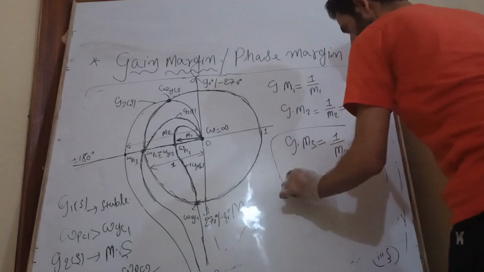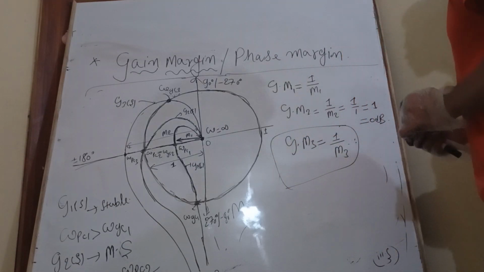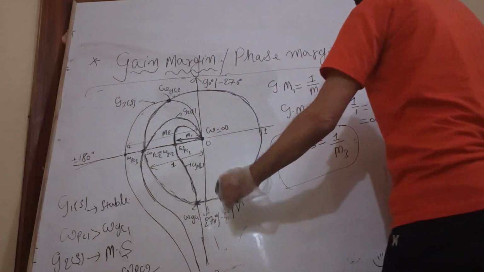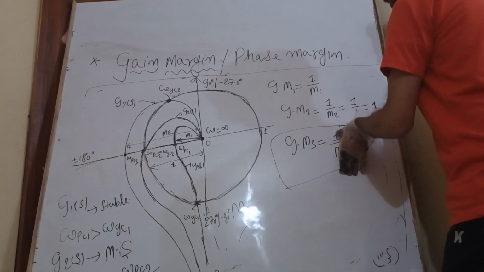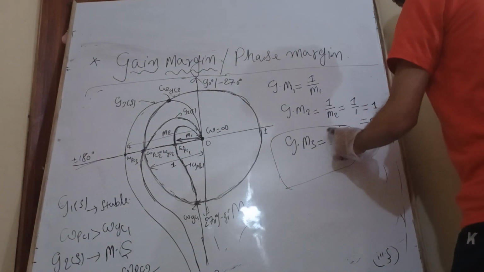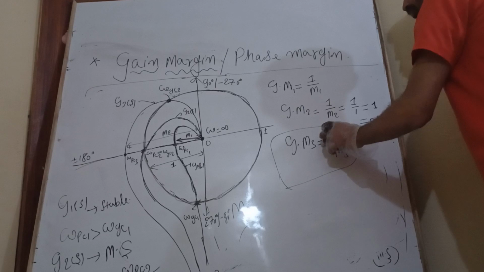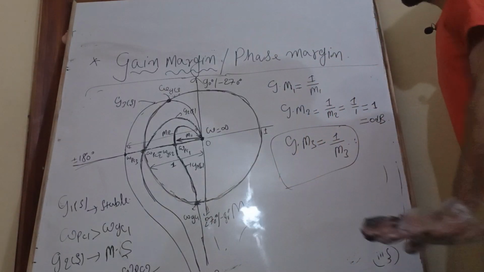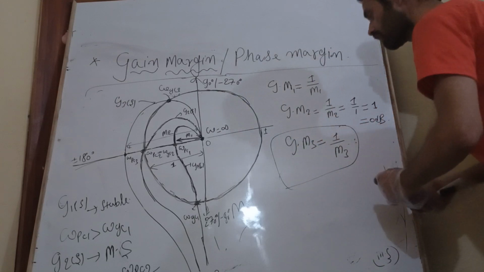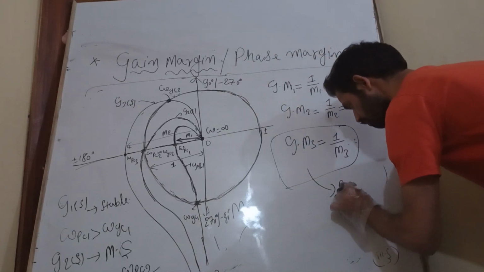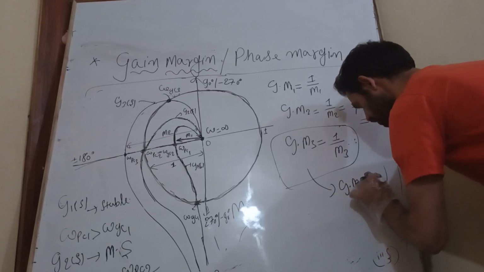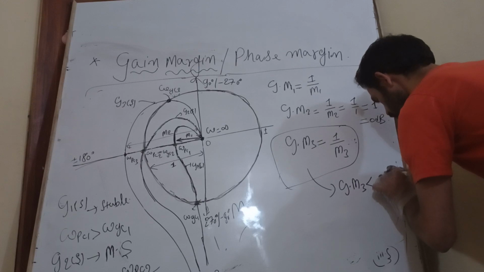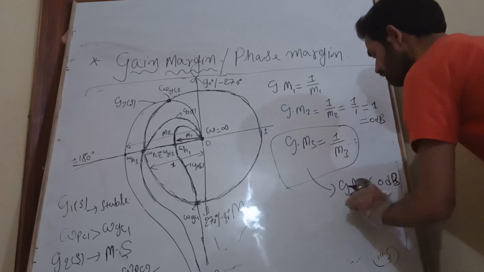So this is linear. M3 is greater than unity, and definitely this gain margin will come less than 1, and in dB it will go negative. This means gain margin 3 is less than 0 dB, because it will go below 0 dB.